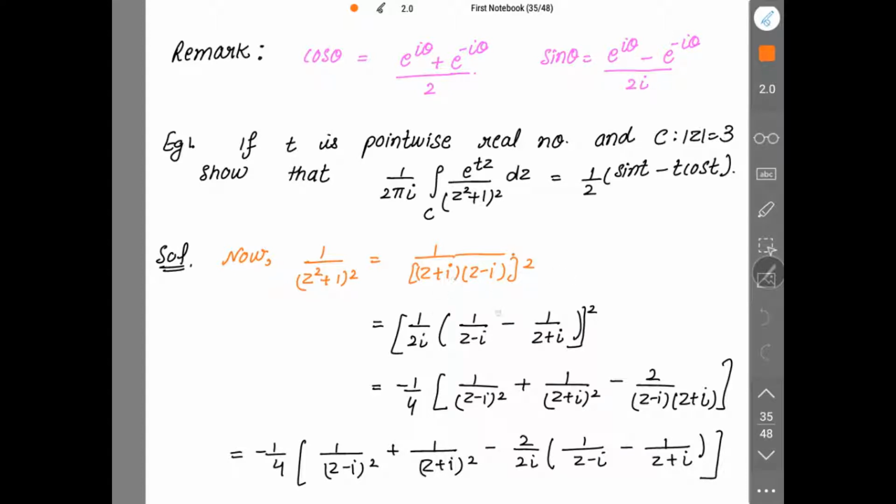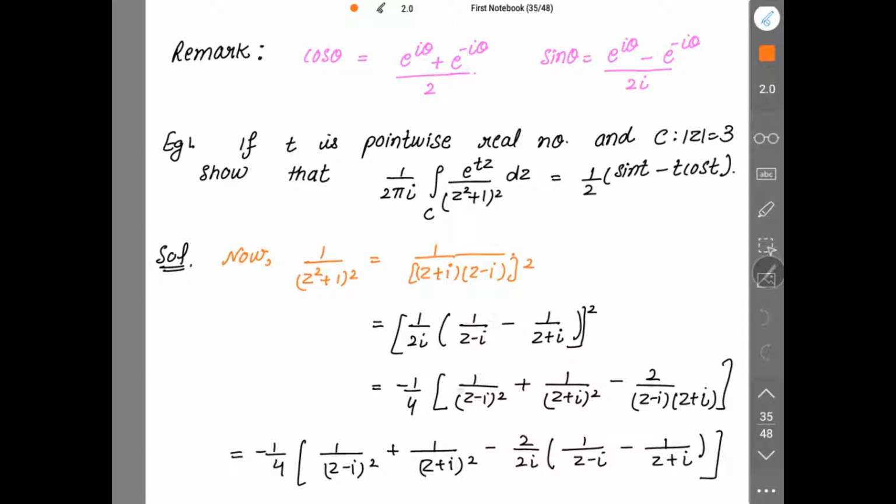So I have split this into parts, and then 1 by 2 iota, take the square of this, which is minus 1 by 4 because iota square is minus 1. And then if the first one, 1 over z minus iota, be your a and 1 over z plus iota be your b, then a minus b whole square is what?